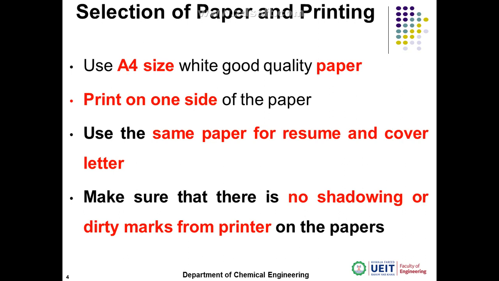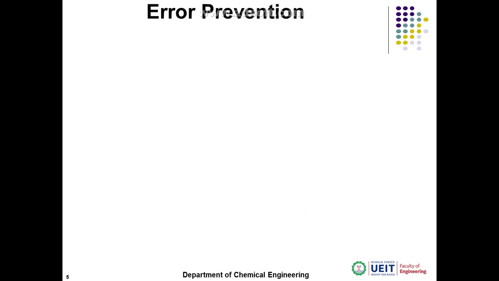So your pages should not have any kind of physical damage. Similarly, it is quite possible that there could be dark ink remaining from the printing. So you also have to make sure that there are no dark shadows and no remaining ink from your printer. The paper should be as clean as possible.